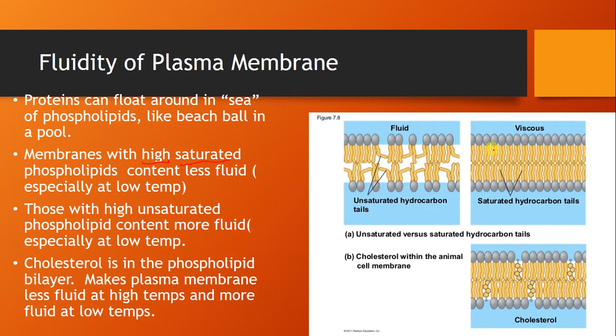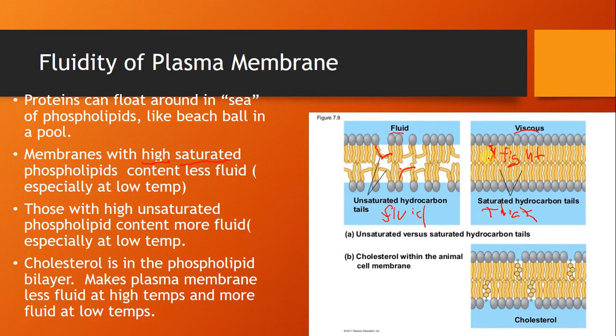There are no carbon-carbon double bonds, so the fatty acid tails can be straight and they can pack together really tight. And it makes it more viscous or more thick, especially at low temperatures. On the other hand, if there's a phospholipid bilayer that has many unsaturated fatty acids in its phospholipids, you'll get these kinks and they'll push each other apart. They can't pack as close together and it becomes less thick, more fluid.